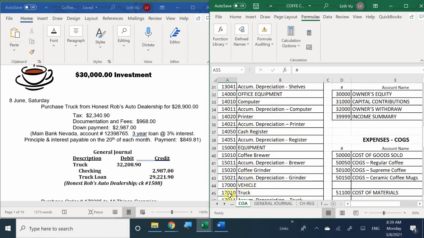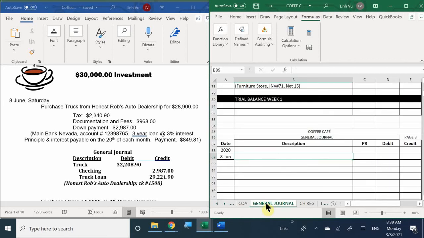So here we're going to type in truck, because that's what we got. 17010 for the price of $32,208.90.